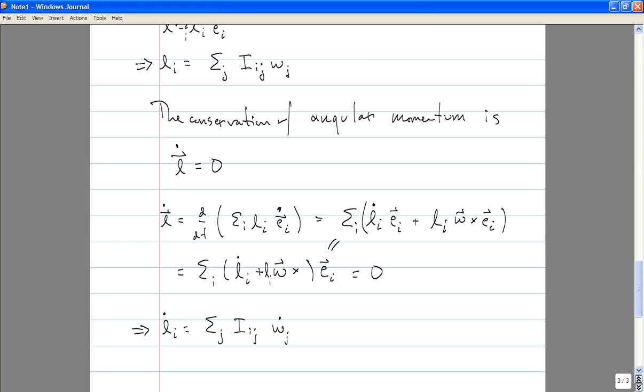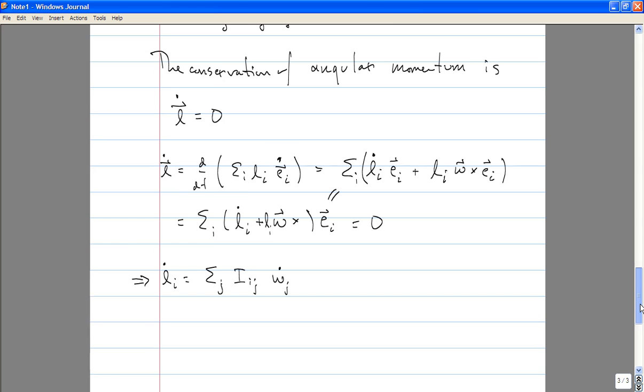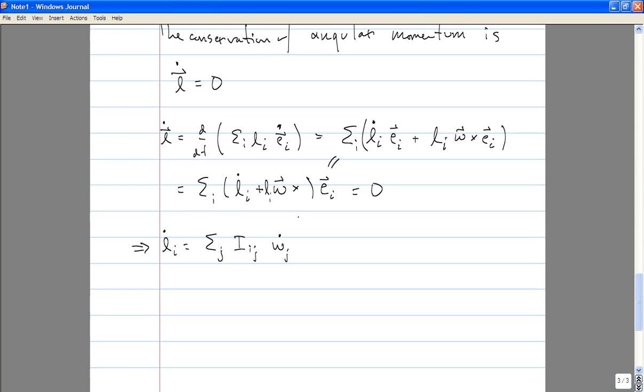So if I wish to write out this expression a little more explicitly, it is the sum over j, Iij, omega j dot. And then I have to decompose the Li omega cross Ei in terms of the Ei basis.